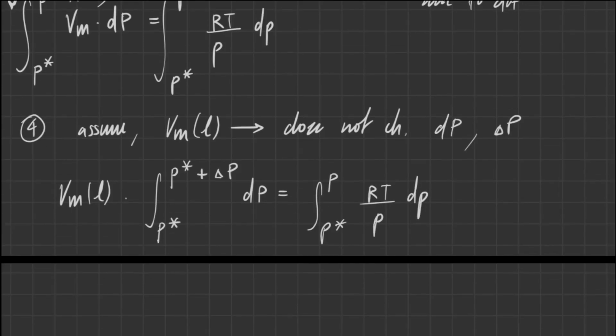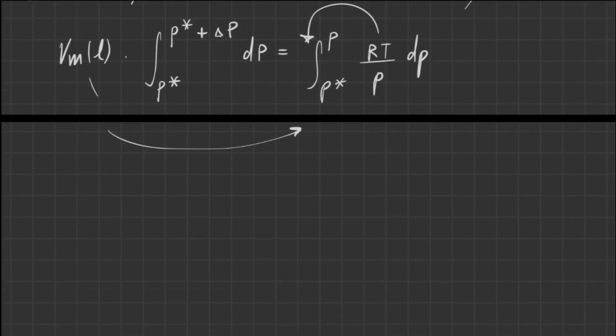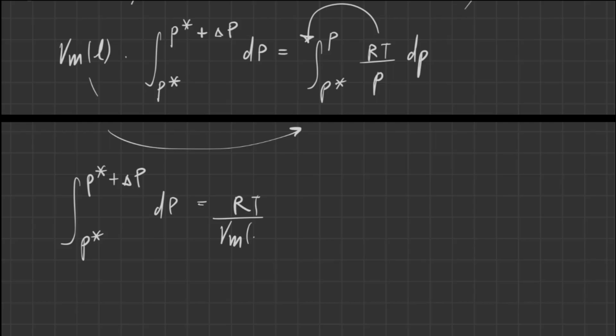While we're at it, let's pull out this RT value too, and then move all of the variables to one side. That will allow us to end up with the following equation: RT, divided by the molar volume of the liquid, times the integration of P star to p after the applied pressure, dp over p.